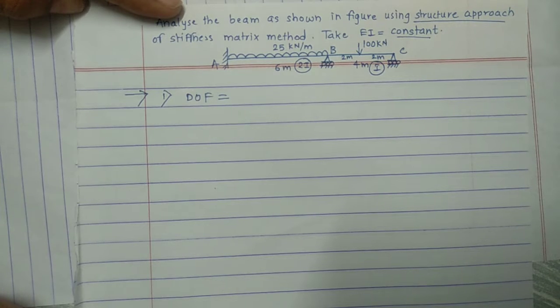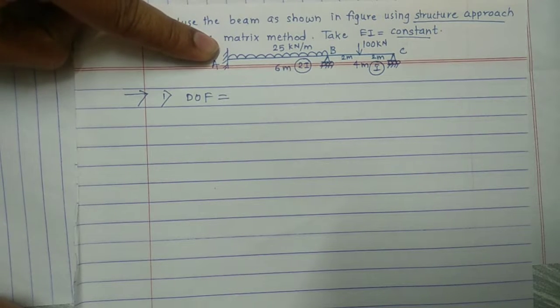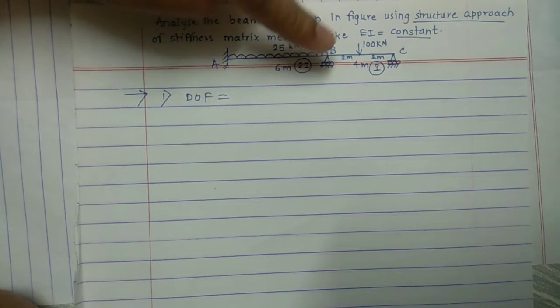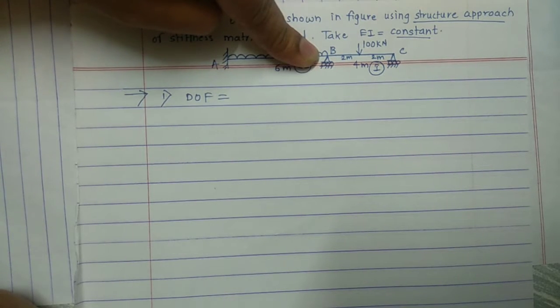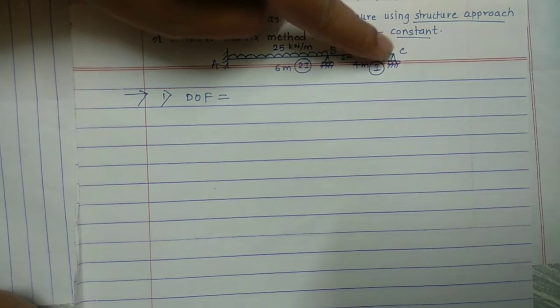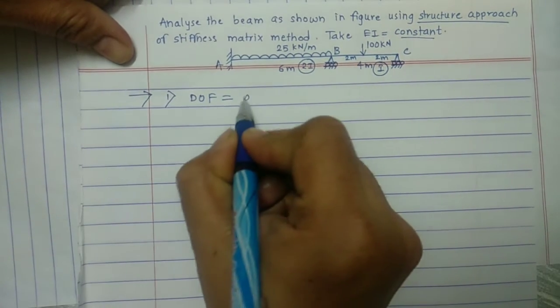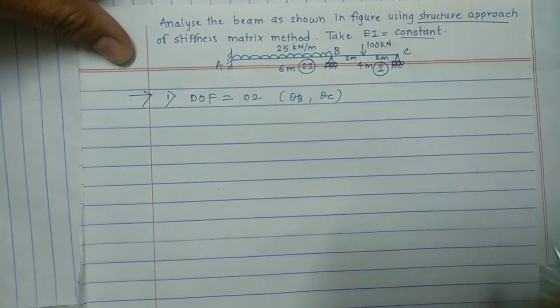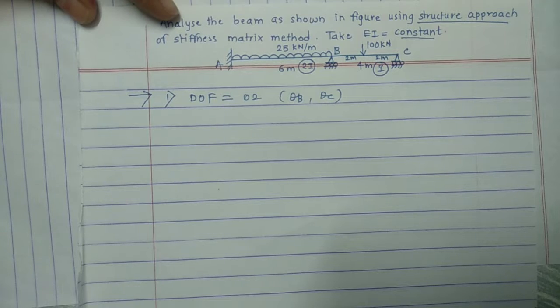As we know, the fixed support has 0 degrees of freedom. Support B has 1 degree of freedom, that is theta B, which is unknown, and there is one more support at C, so theta C. So total degrees of freedom are 2, that is theta B and theta C.